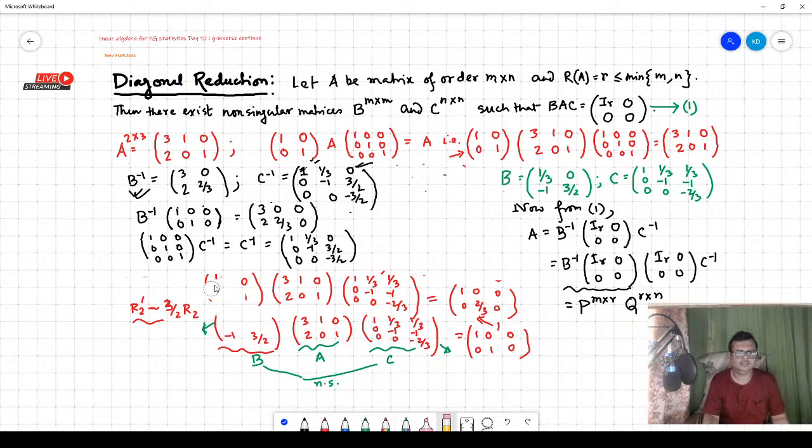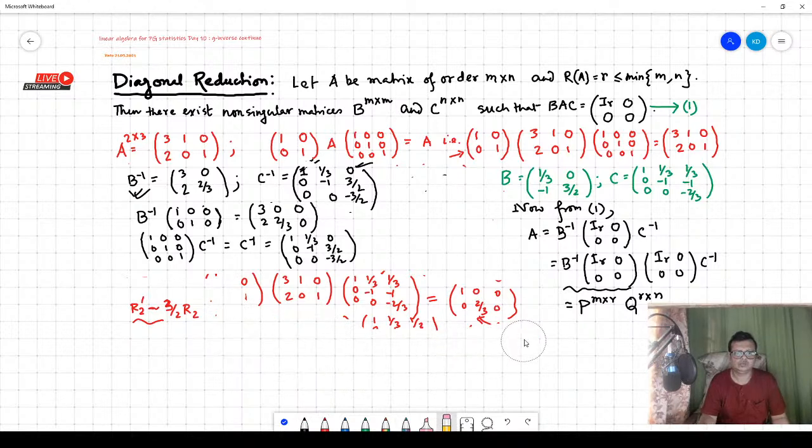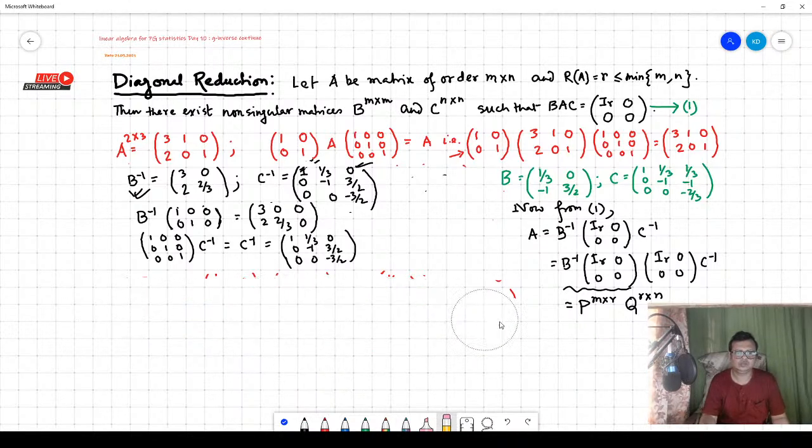So hence this is our P. We can easily check that this is a full row rank matrix.